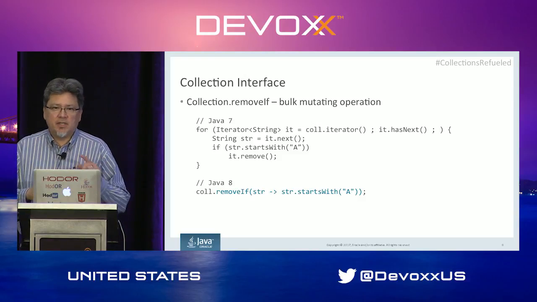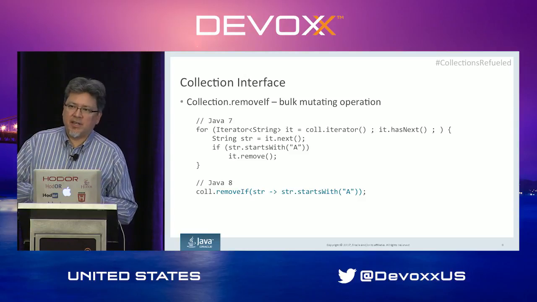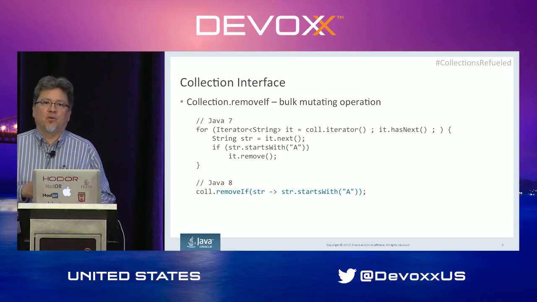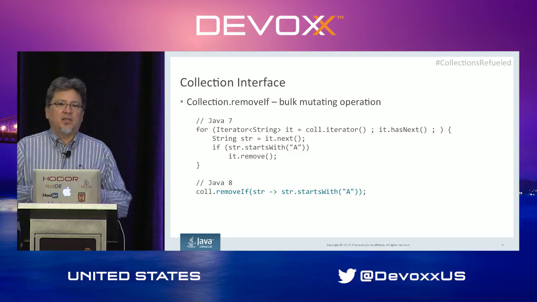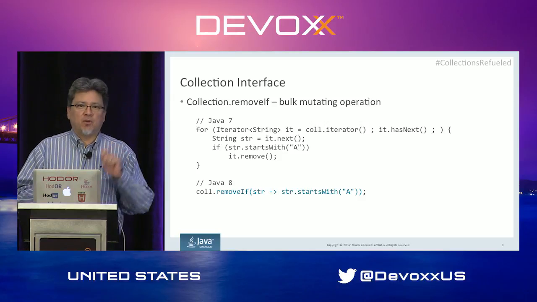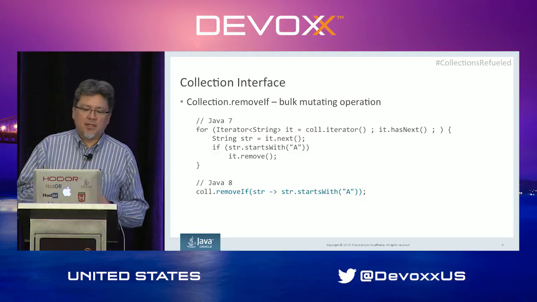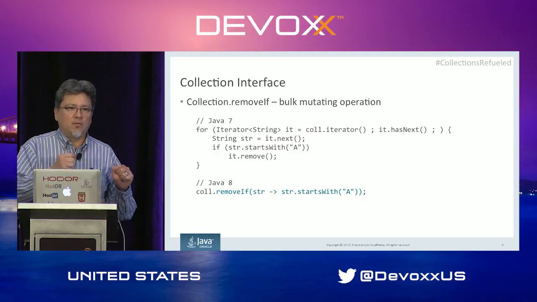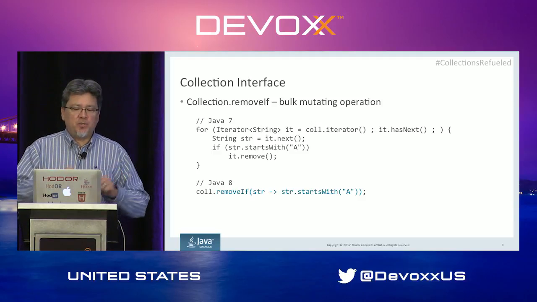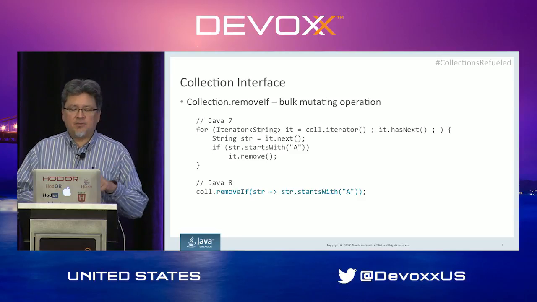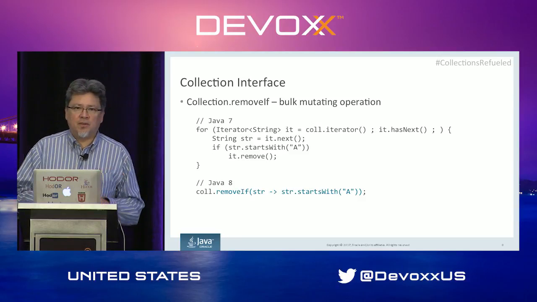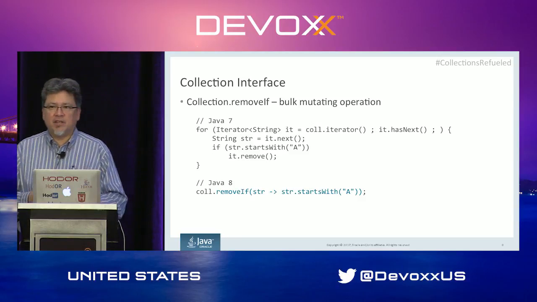A key point here is that you cannot use the enhanced for loop because you can't remove things from within a loop, otherwise you will get a concurrent modification exception. And so what you had to do was fall back to the original loop using an iterator, and then if something matched, you called remove on the iterator. So that's the Java 7 code.